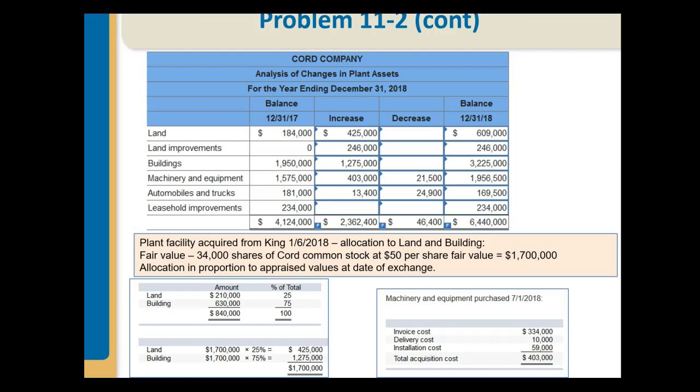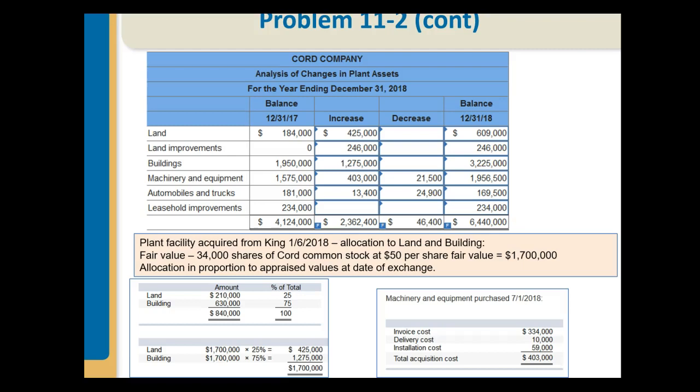The fair value in exchange, remember there were 34,000 shares of common stock at $50 per share, gives us a value of $1,700,000. So in order to allocate that, the land of $210 and the building of $630 total $840,000.